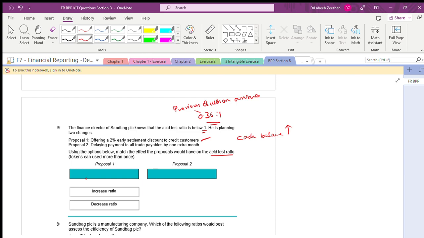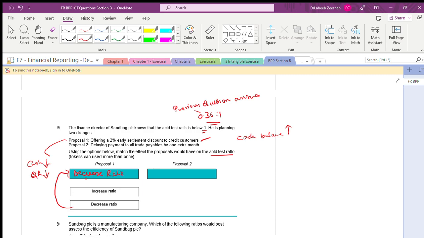Proposal 1: offering a 2% early discount. Cash will decrease, so the quick ratio will also decrease. With option 1, the quick ratio will decrease.